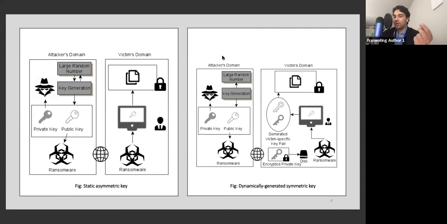So the advantage here is that they don't need to share their master private key with anybody, and as such, other victims of the same campaign will still need to contact the ransomware developer in order to decrypt.